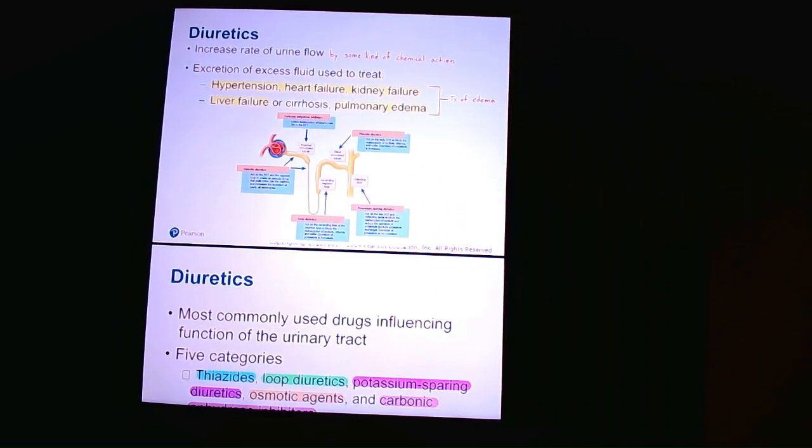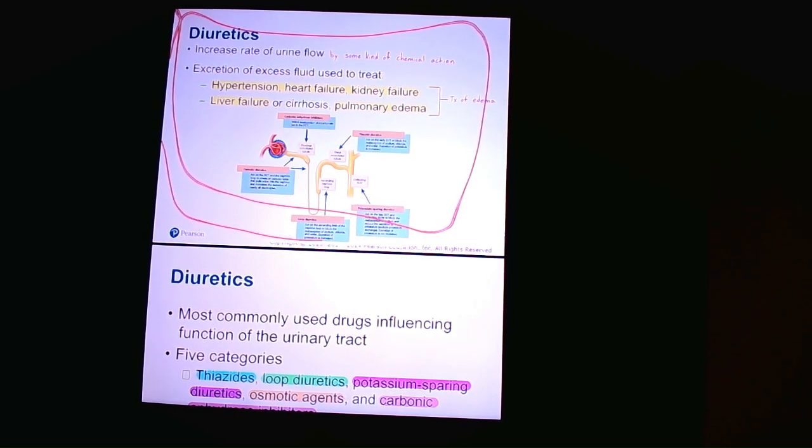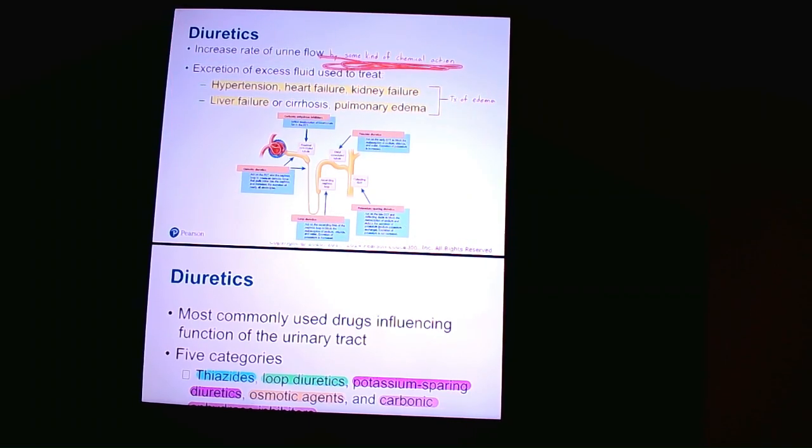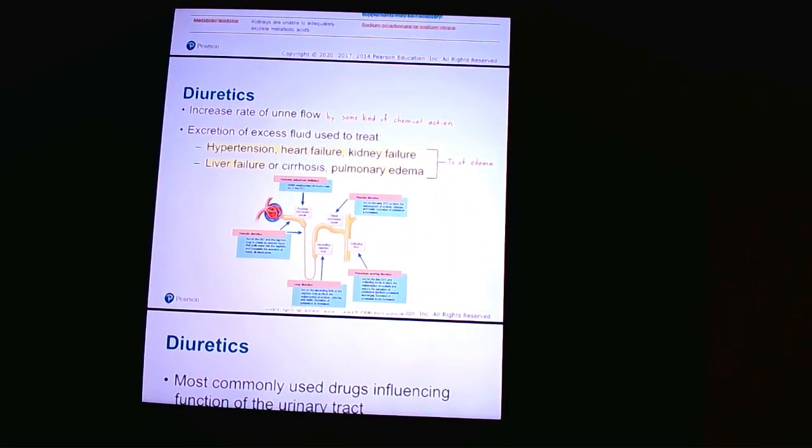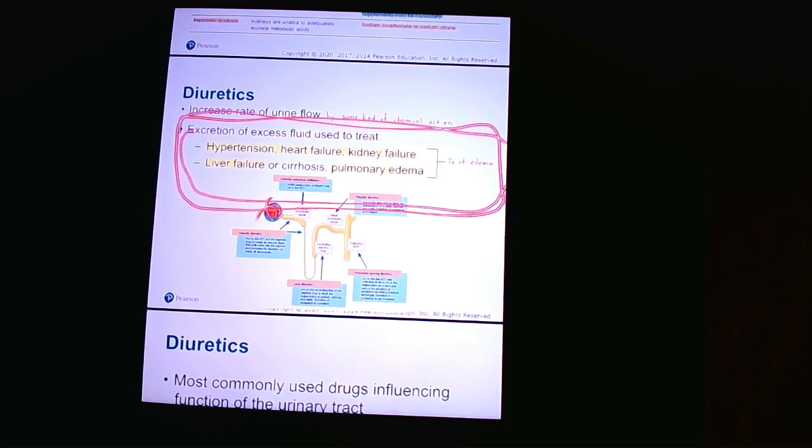Diuretics, right? So now we're getting into this. Now we're actually in the nitty gritty, funny enough. So they increase urine outflow, right? By some sort of chemical reaction, using what we can learn from our knowledge in chemistry a little bit, right? They're all going to typically have the same indications, right?